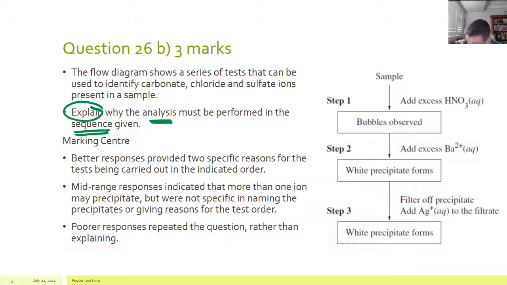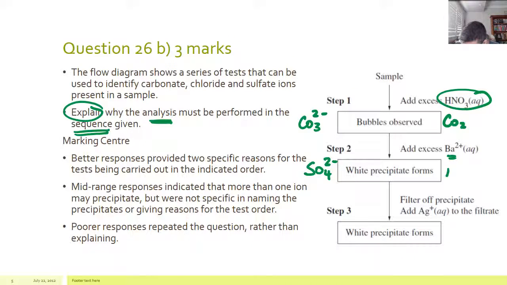So you'll see the first thing we do is we add our acid, and that is going to produce bubbles of carbon dioxide if there are carbonate ions present. The next thing we do is, it's an acidified solution, so now we add our barium ions. So perhaps in the form of barium nitrate, the nitrate remains as a spectator ion, and this is going to give us a positive result for sulfate ions.